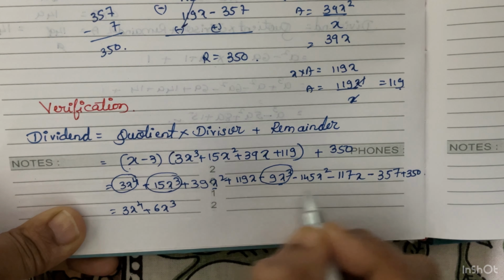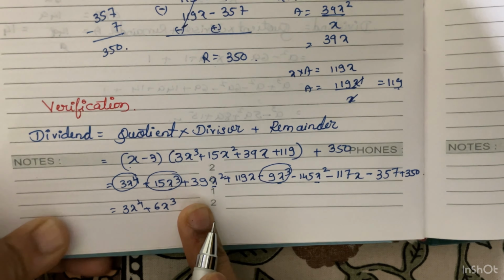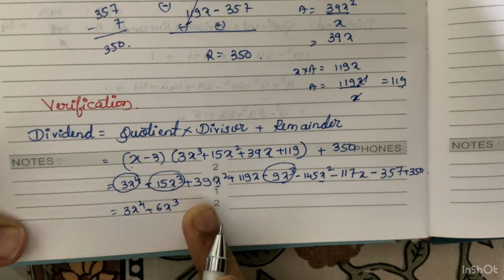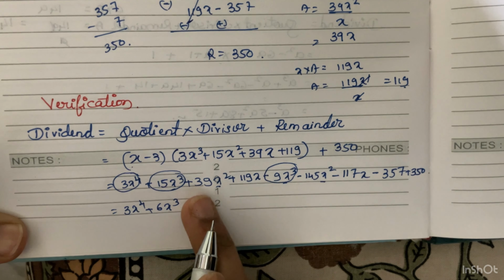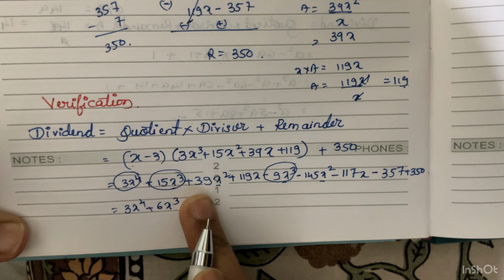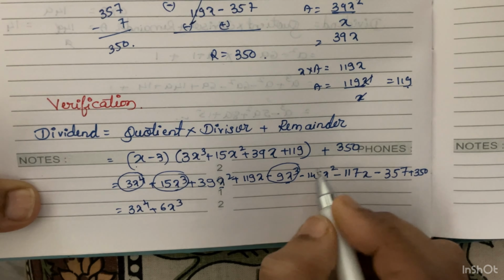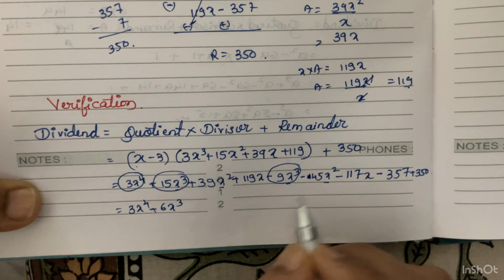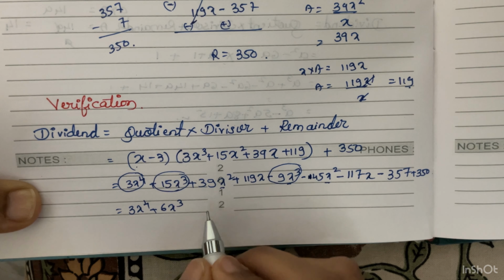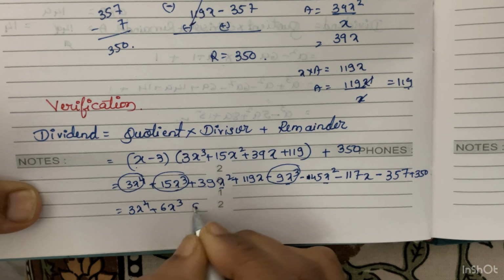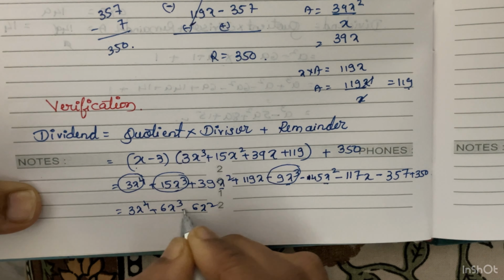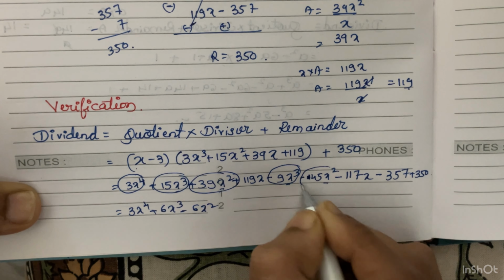Next, here it is x square, here it is x square, and having unlike signs, so we need to subtract. 45 minus 39, I'll have 6x square, and the bigger number carrying the negative sign. Let me make a circle here.